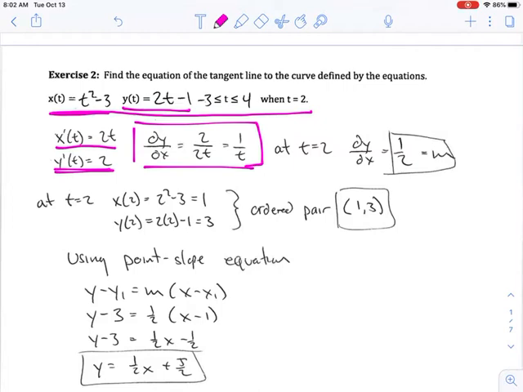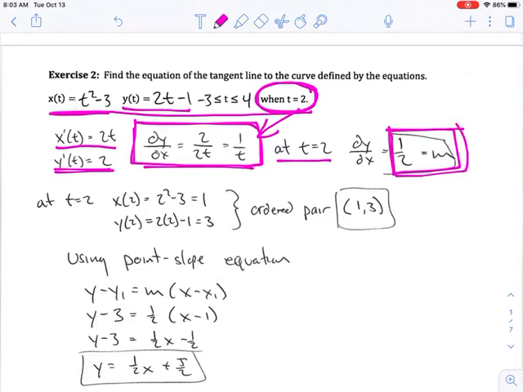So when t is equal to 2, we substitute that into our derivative, and we end up with dy/dx equal to 1/2. And dy/dx is the slope of our tangent line. It's just a matter of finding our derivative dy/dx, and then evaluating that derivative at the value of the parameter that we're interested in, and that will give us our slope.